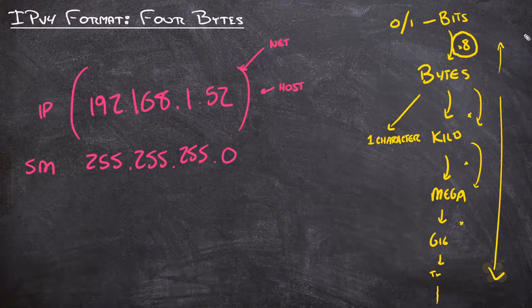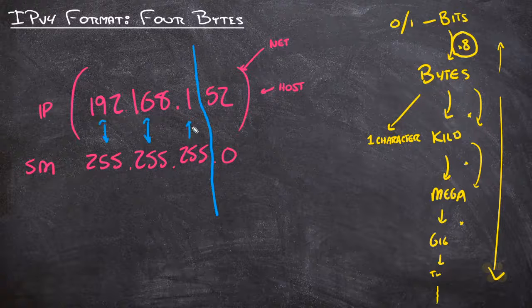And while we're talking in this world of bytes, the simple decimal world, I would simply grab a pen. If you're taking notes, please do this on your paper. Grab a pen, use a different color if you can, and draw a line right down where the 255s line up. Wherever you see a 255 lining up with the number above it, that represents the network.